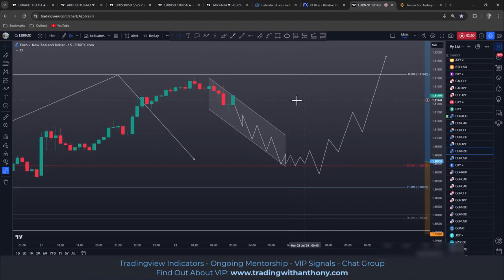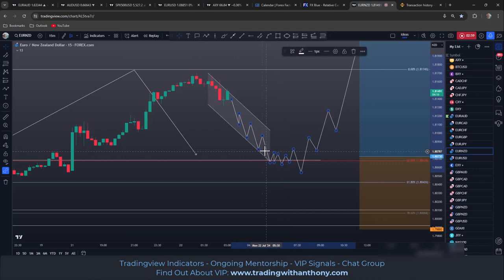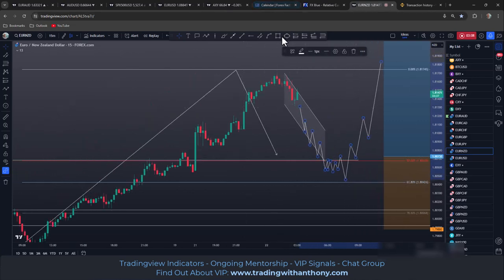So, I mean, two things. One is pure speculation with this limit buy, that we don't know where this is going to land and where this rotation starts to take place. And I'm wanting it to happen around this 50 to the 61.8 Fibonacci. That's a key area for me through here.